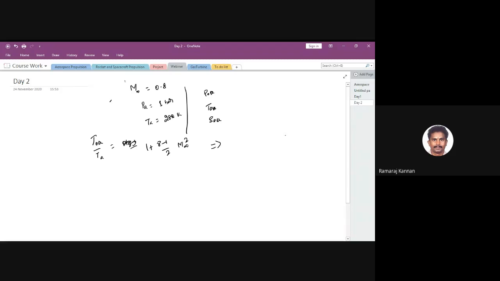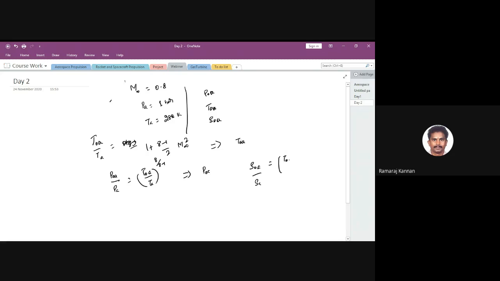In the same way you can find P0A, which is that whole quantity to the power of gamma by gamma minus 1. From that, knowing PA, you can find P0A. For ρ0A, you can use the same relation.